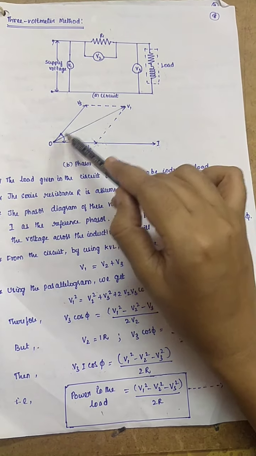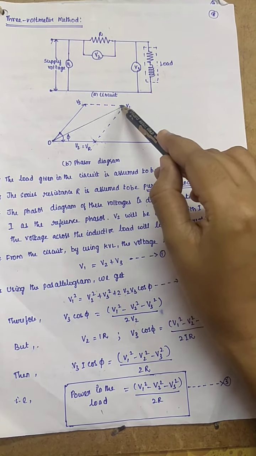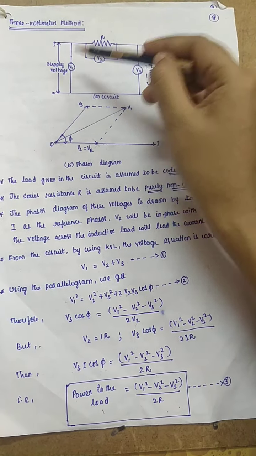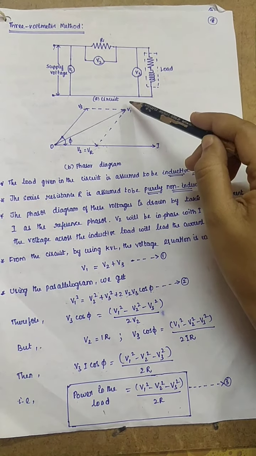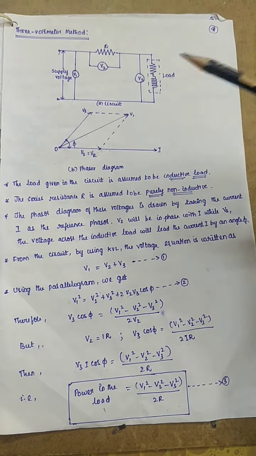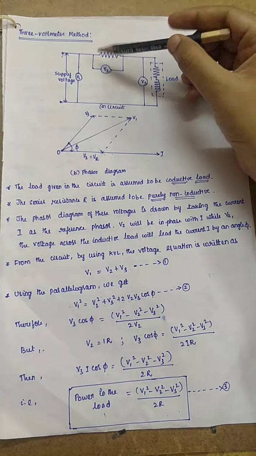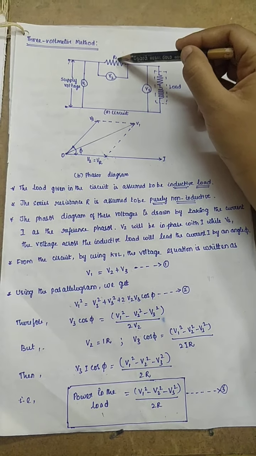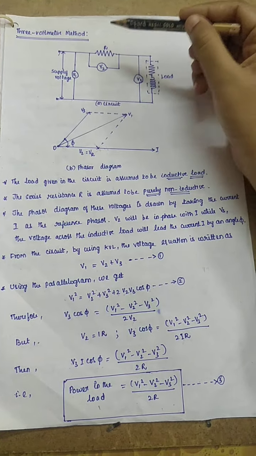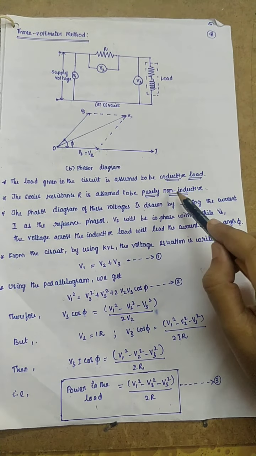For the resultant phasor, I draw a line V1, the supply voltage. I dot the lines and join them, and I get a parallelogram. Here the resistance is purely resistive with no inductance in it, which is why it is mentioned as purely non-inductive.